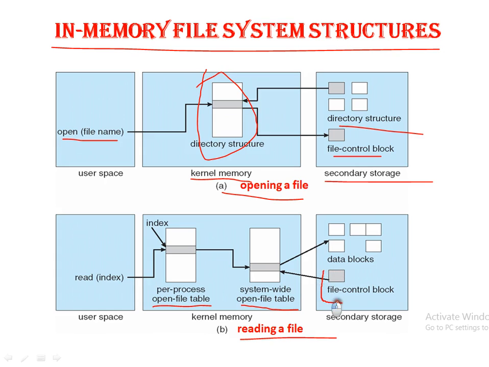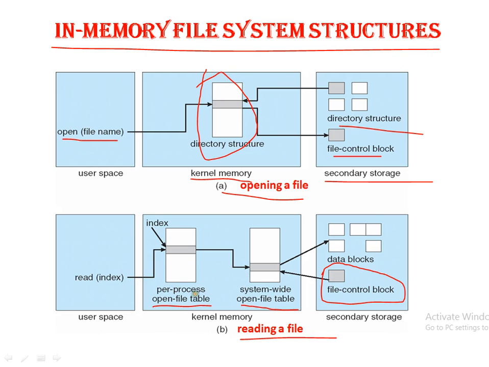Whatever copy of the file control block is placed inside my secondary storage device, this content is placed inside my system wide open file table. It contains a copy of the file control block of each open file, as well as other information.